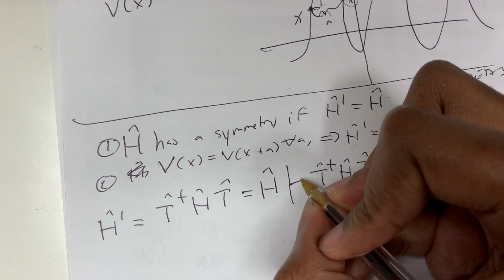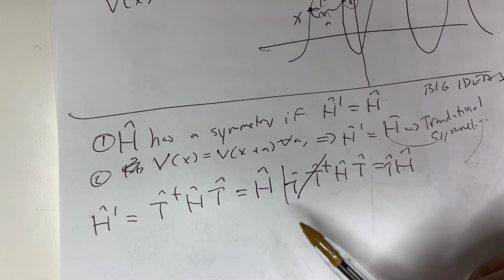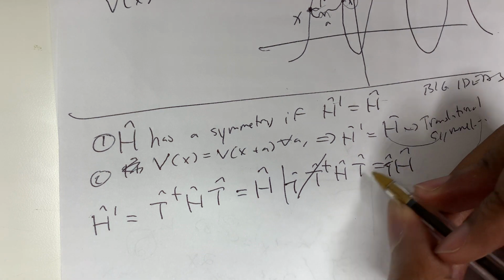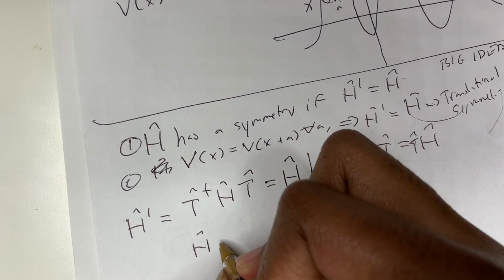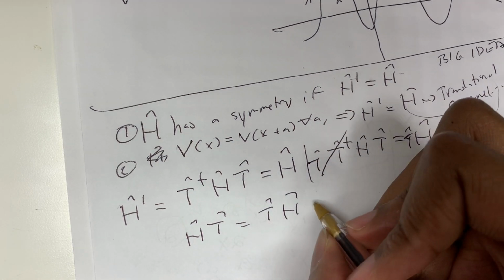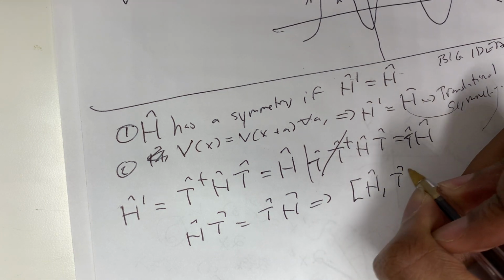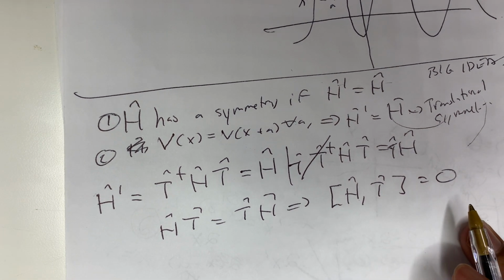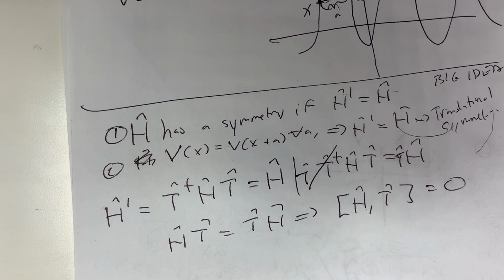You multiply both sides by T hat on the left. These cancel out since it's unitary. So we have H hat T hat equals T hat H hat. This implies that the operators commute, the commutator of H hat and T hat equals 0. Nice.